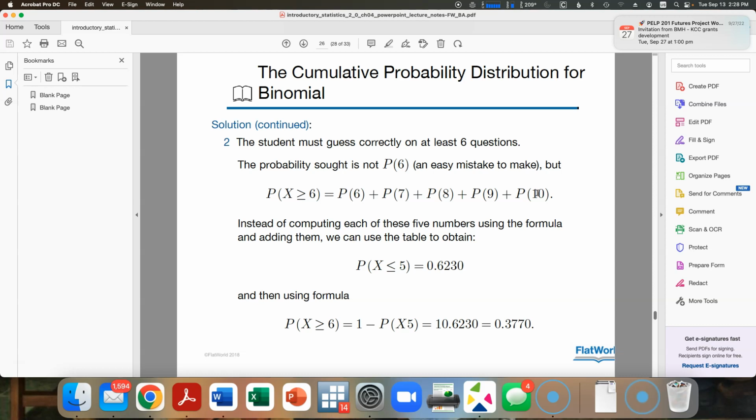In terms of looking at the binomial table, I just want to make sure here. Sorry, be patient with me for a second.